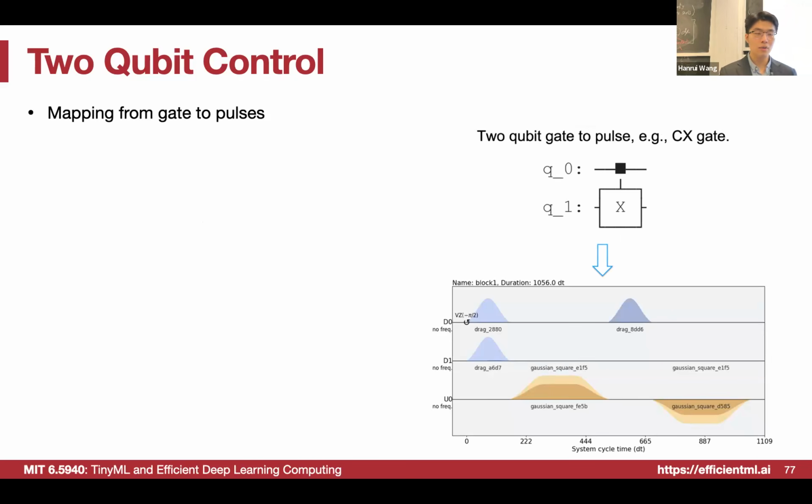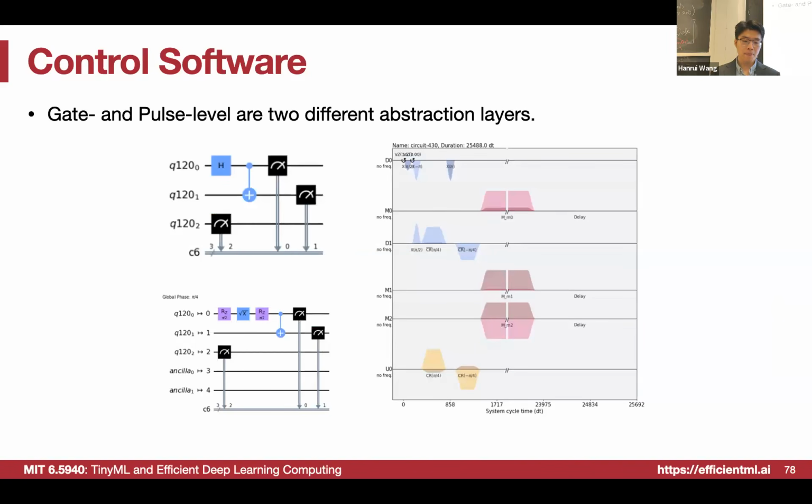So that's how we can transpile these high-level gates to the low-level control pulse signals. And finally, we have the overall circuit. Say we have this circuit, and then that will be translated to all the control shapes on all the channels of the quantum device. And then we can send all this information to the quantum hardware to apply the corresponding computation.